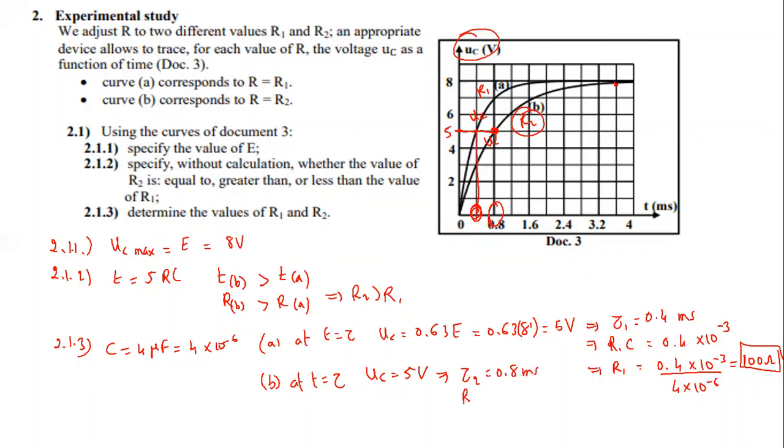Tau 2 is R2 times C. And then I get R2 equal to 0.8 times 10 to the power minus 3, over C, which is 4 times 10 to the power minus 6. And here the answer becomes R2 equals 200 ohm. And so this confirms that yes, R2 is bigger, as we said in the previous part.